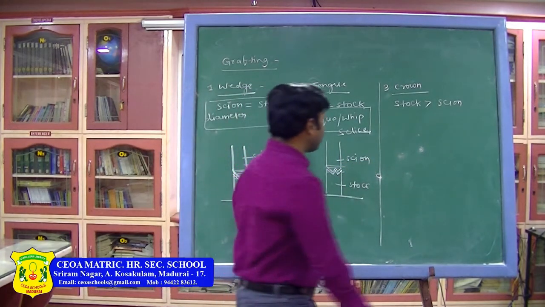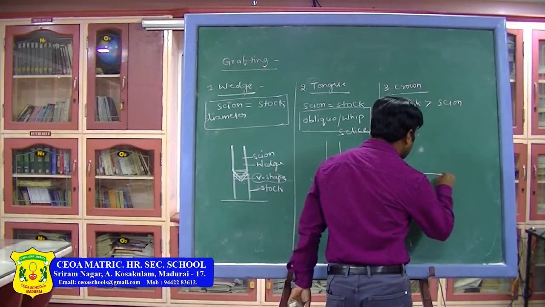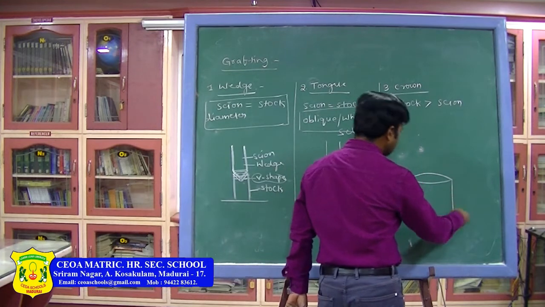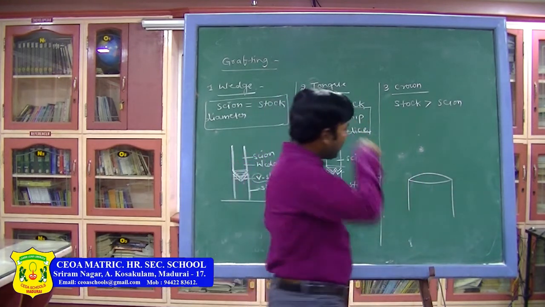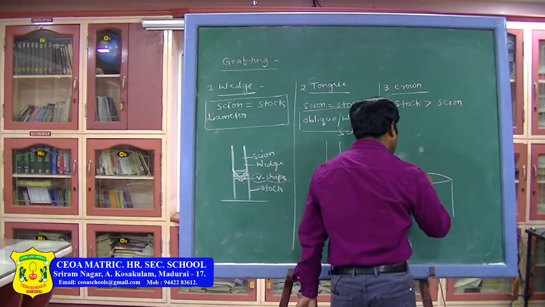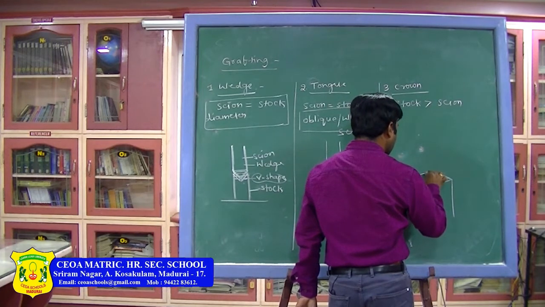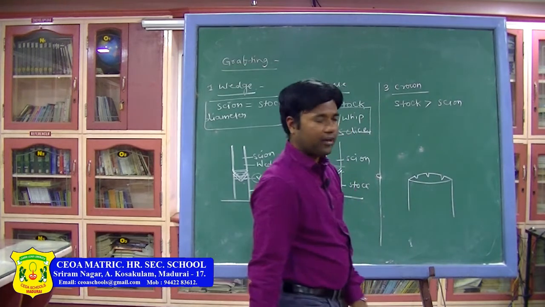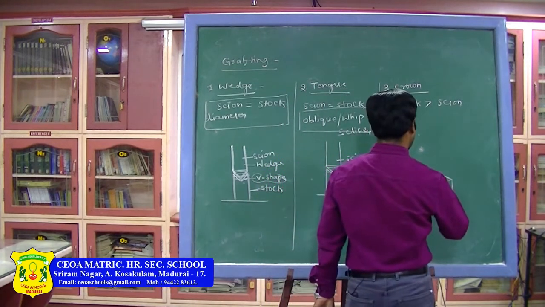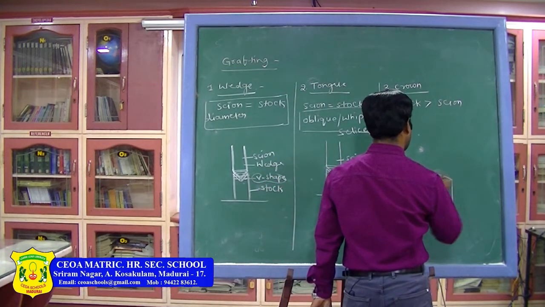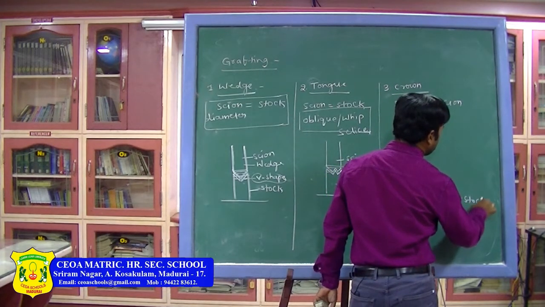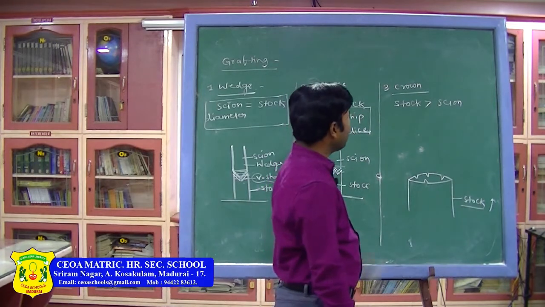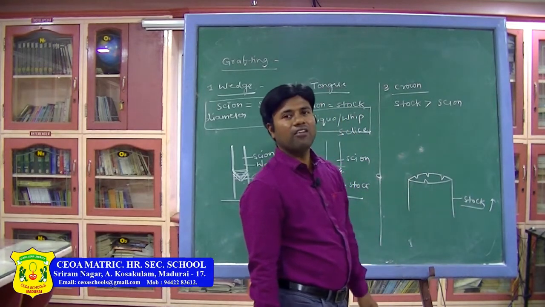In the same manner, here what I am drawing is the stalk. I am cutting in different positions like this. Then we can even cut in this position also. Then what is this? This is the stalk. The diameter of the stalk is more. Then we have to insert the scion here.